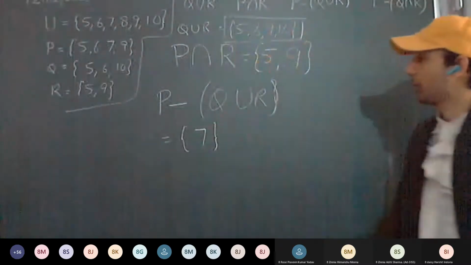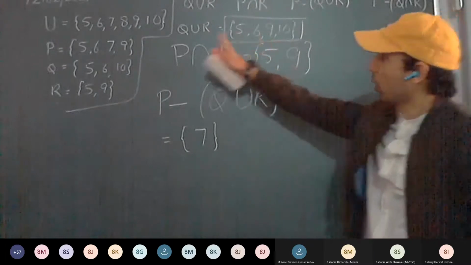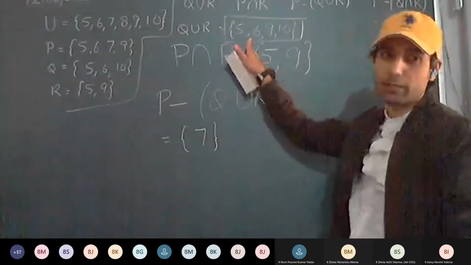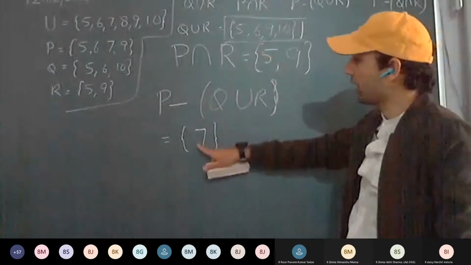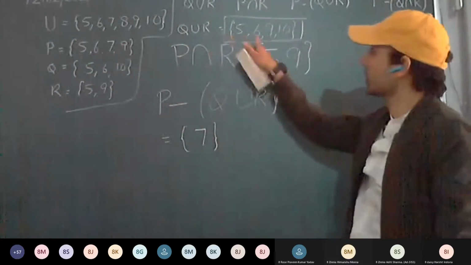Only 7. P minus Q union R: we have removed the elements in set P which are present in Q union R.